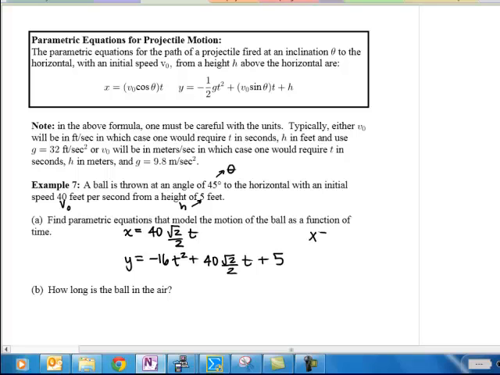So let's clean these up a bit. We'd have 20 times the square root of 2 times t for x, and negative 16 t squared plus 20 square root of 2 t plus 5 for y. So those are our parametric equations for this path.